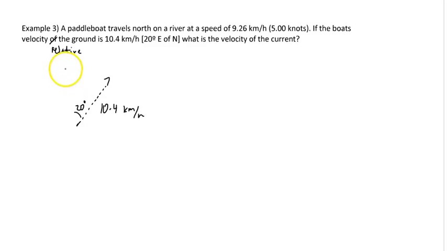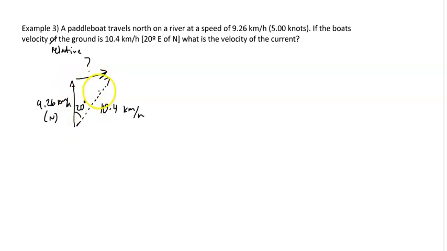Now, we need to figure out what's happening with this current. This boat is traveling north at 9.26 kilometers per hour, and we've got this component. Now, we don't know if it's exactly east or whatnot, but we know it's going to be in somewhat of an easterly pattern because the boat is traveling east. We're told that this is going due north.